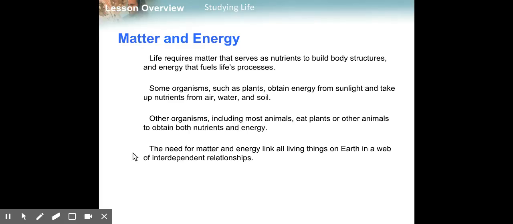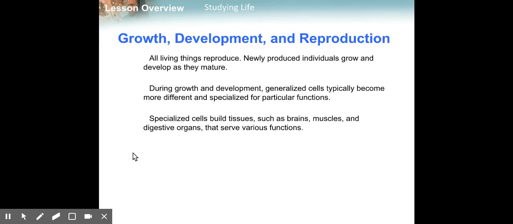The energy is stored inside the chemical bonds of the matter. So we have to have the matter to get the energy, basically. We can't just take it in from the sun like a plant. All living things reproduce. We already talked about that.